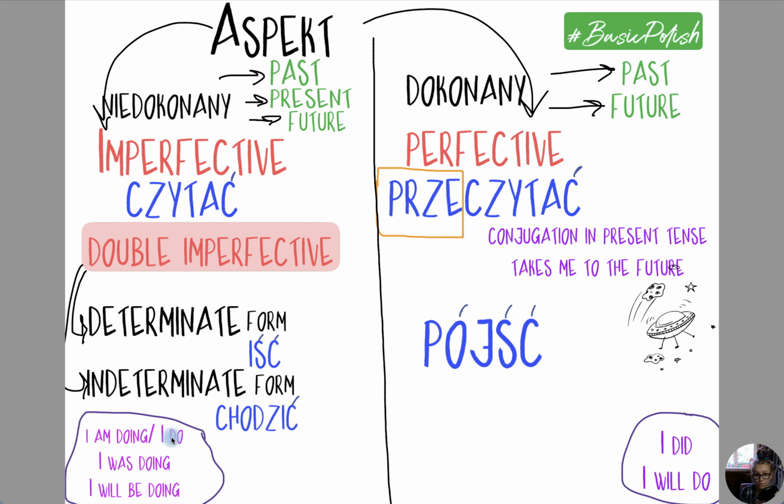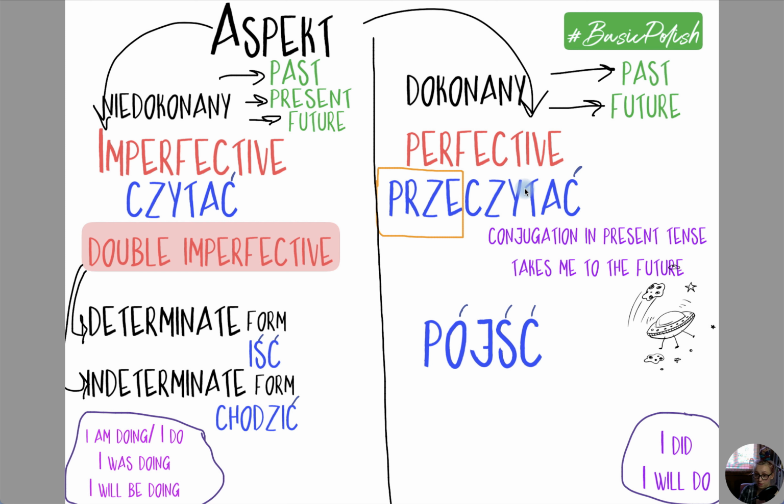I read. Okay, so we already said that. So here we can cross this out now, right? We know that we can conjugate an imperfective verb, and in present tense, it will give us present.